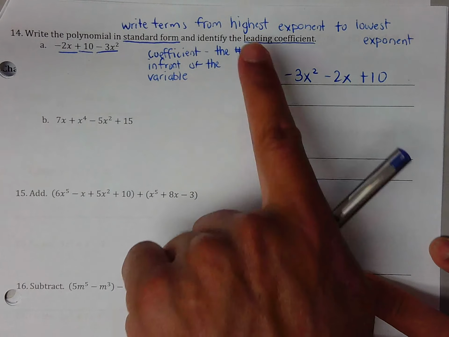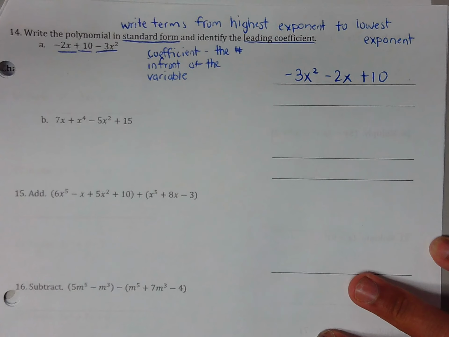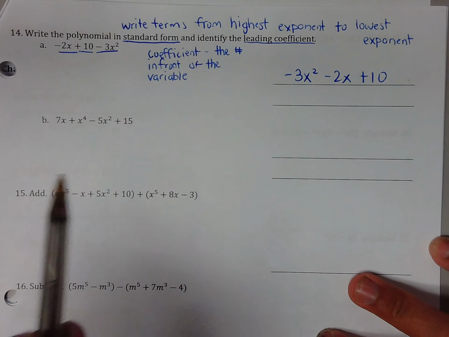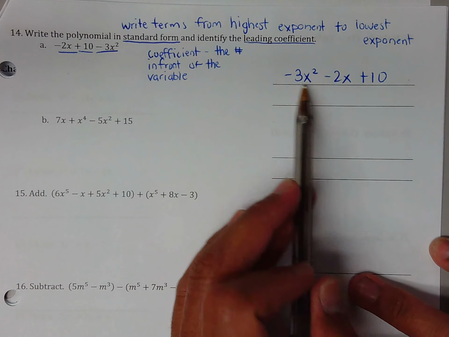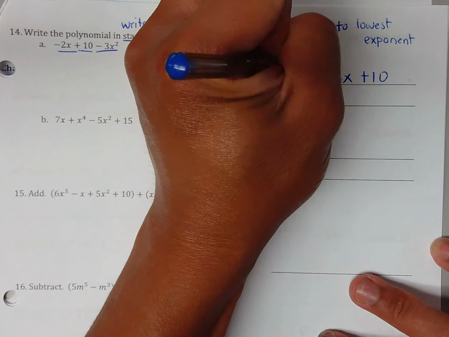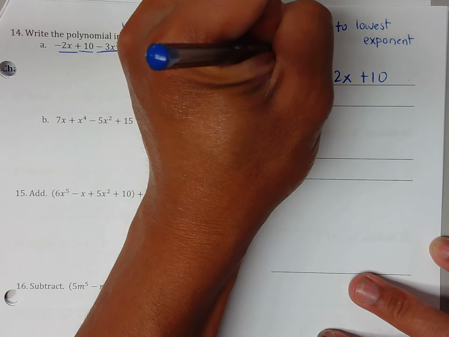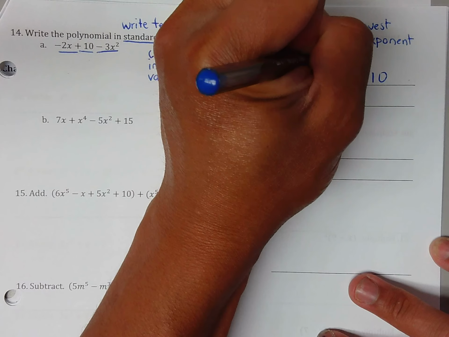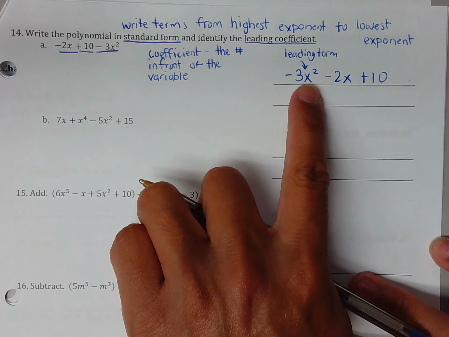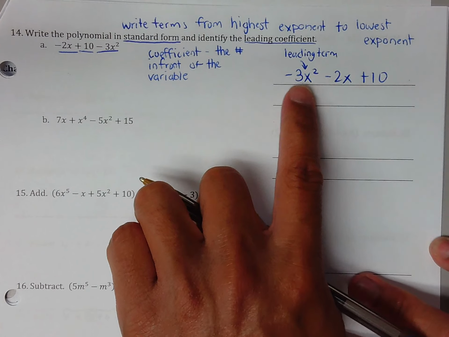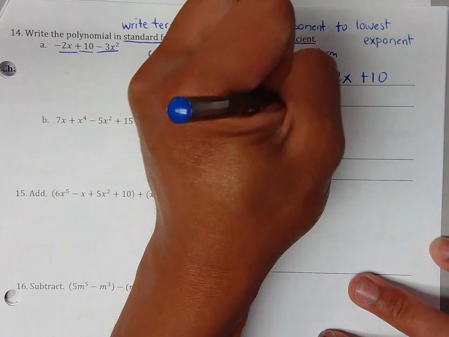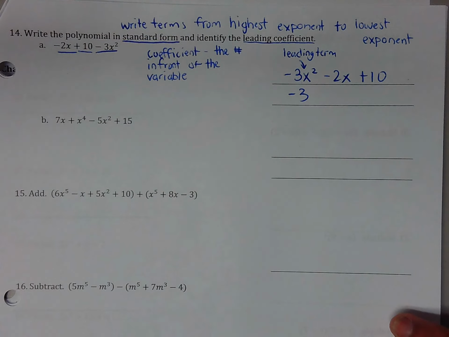So the leading coefficient is the number in front of the variable of the leading term. This is considered our leading term. So let's just make a note. Negative 3x squared is our leading term. So that tells us our leading coefficient is just negative 3.